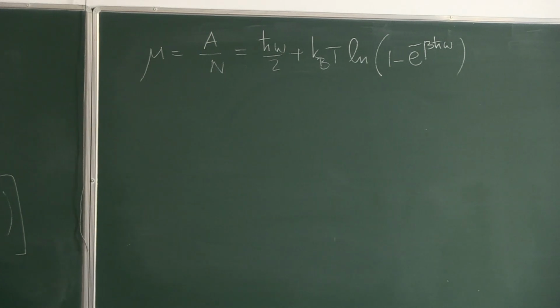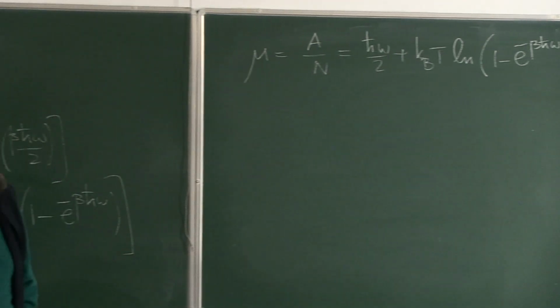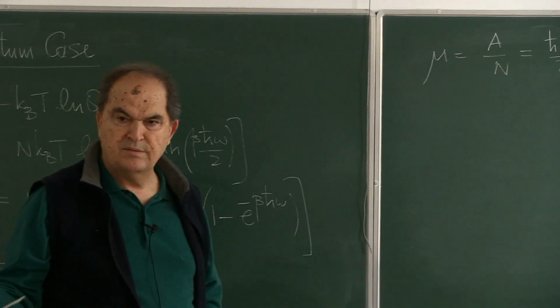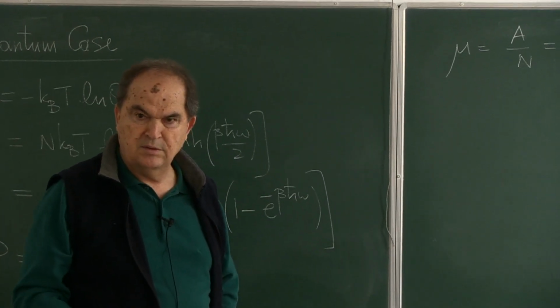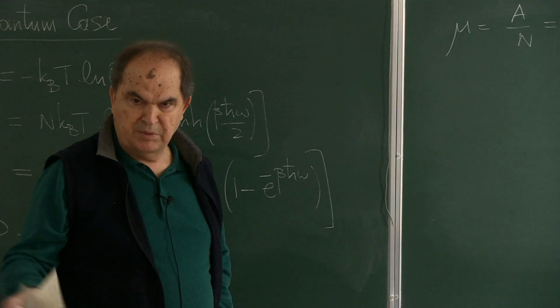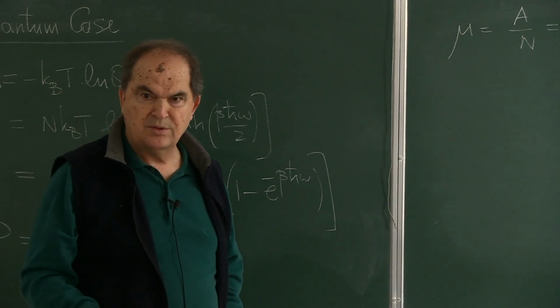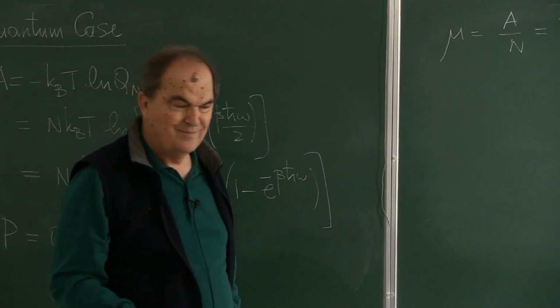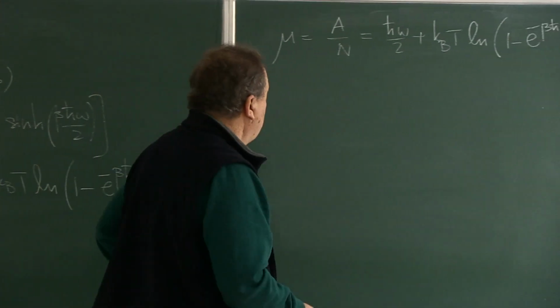Why is this? Because mu gives free energy per particle, G over N, but P is 0, so G turns into A. Okay.